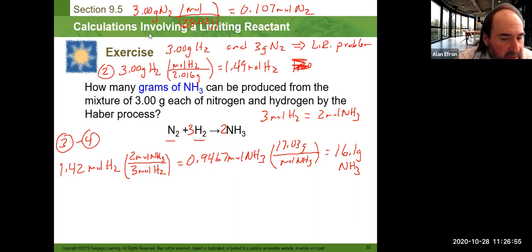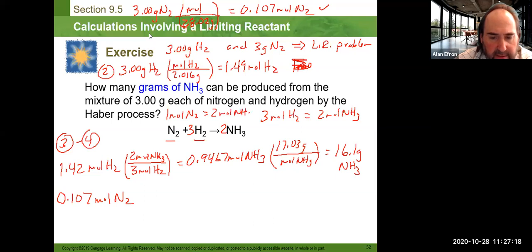Now we want to determine which one's the limiting reagent, so we're just going to gear back up and start again, and we're going to calculate how many grams we would produce if we started with the nitrogen. So we're going to do the nitrogen now. And now we need the relationship between nitrogen and NH3, and that is 1 mole of N2 is 2 moles of NH3.